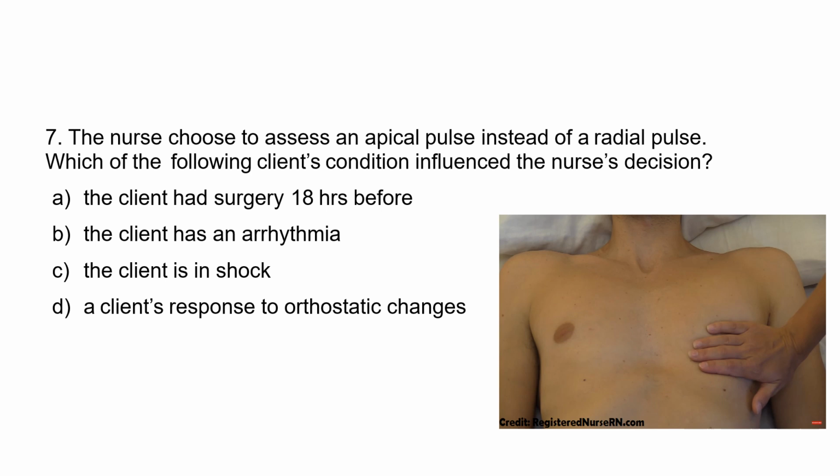That area is known as the point of maximal impulse, where we can feel the apical pulse. So in case of arrhythmia, we'll try to feel the apical pulse rather than the radial pulse.